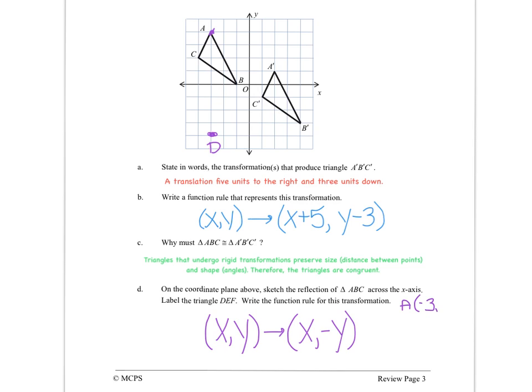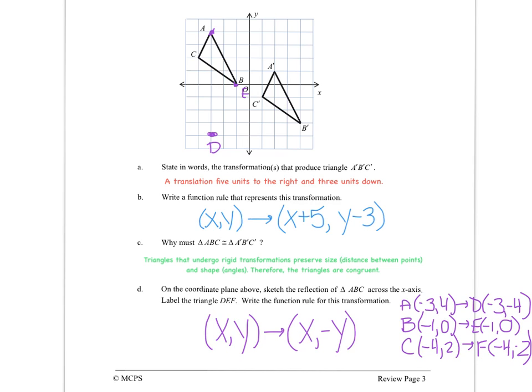We can also see this if we use the rule. A, which is the ordered pair (-3, 4), is going to correspond to D, which is going to be the ordered pair (-3, -4). B, which is (-1, 0), is going to become E, which is (-1, 0). Since this point is on the x-axis, it is not moving, and that is going to be point E. Finally, we have C, which is point (-4, 2), and that's going to correspond to point F, which is (-4, -2).